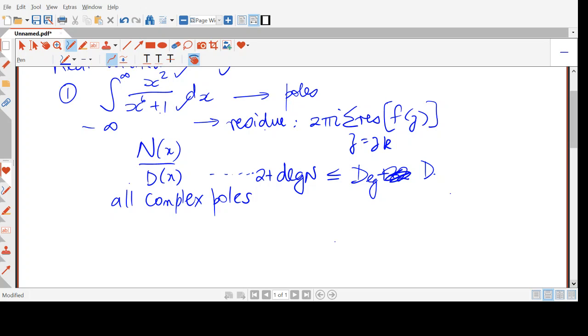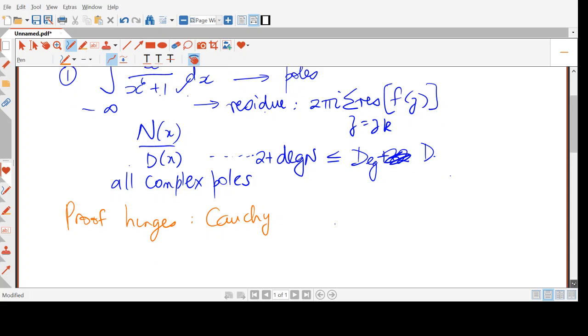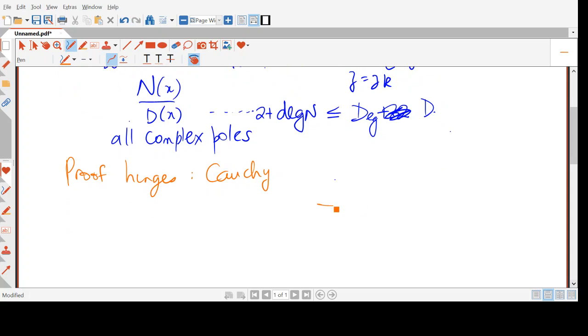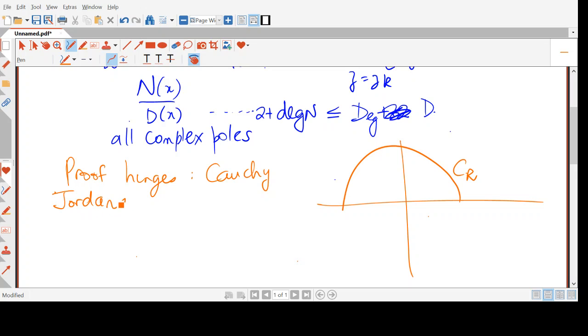Now, in this discussion of the proof, which we didn't discuss in class, the proof hinges on what we call the theorem due to Cauchy. It was a theorem which had the result that if you take a contour like that, a circle, a semicircle, CR. In fact, we call this Jordan's theorem.